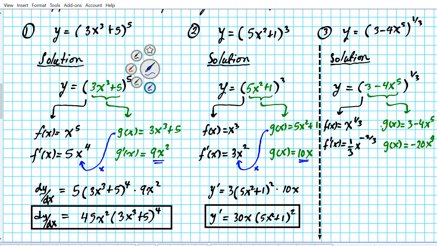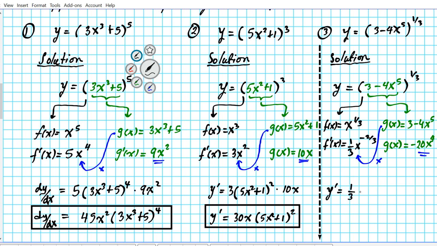All right, let's do this. The derivative of the outer evaluated at the inner, so we're going to plug g into the derivative of f, and then multiply that by the derivative of the inner. So what do we have? y prime or dy/dx is the derivative of the outer function evaluated at the inner.